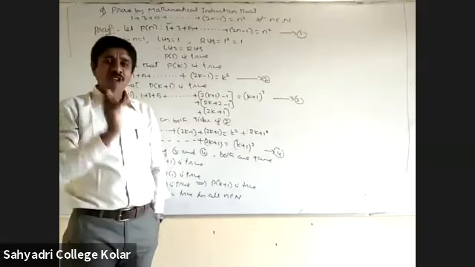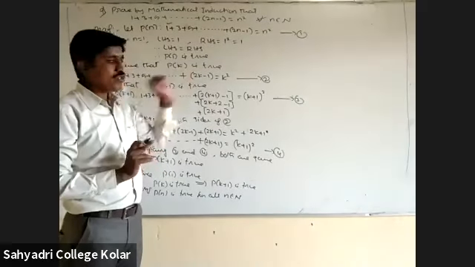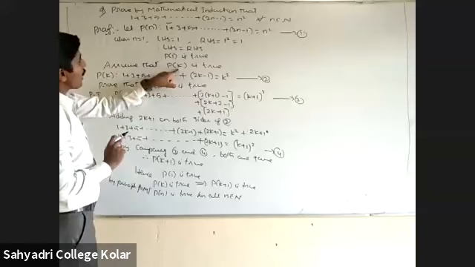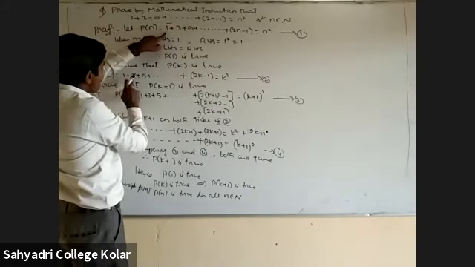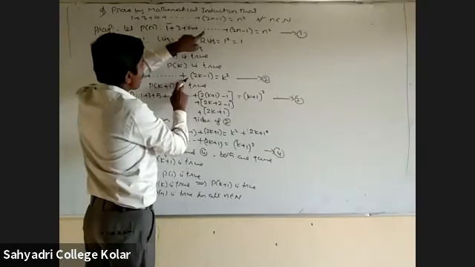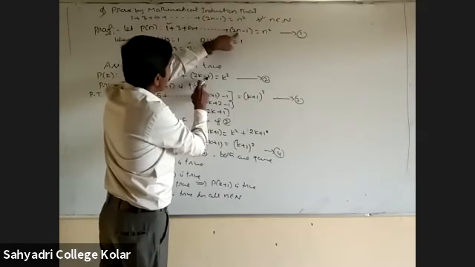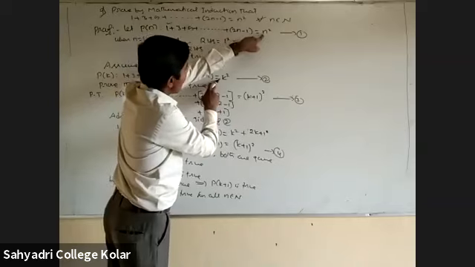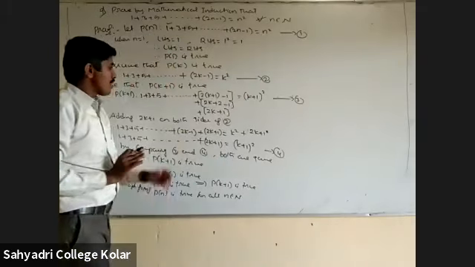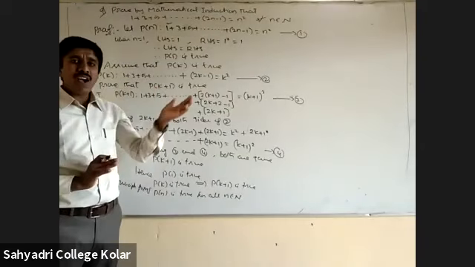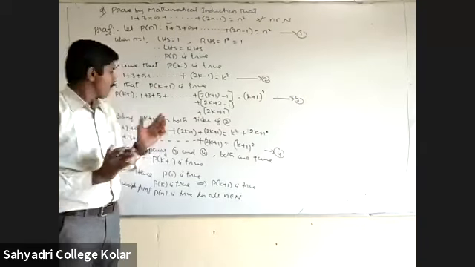Second one, assume that P of k is true. Substitute n is equal to k in equation 1. P of k stands for 1 plus 3 plus 5 plus so on plus 2k minus 1 is equal to k square, called as equation 2. Third one, prove that P of k plus 1 is true.